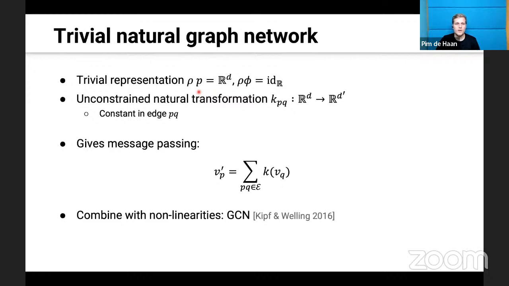So these are instances of the more complicated thing I sketched above. If we assign to every node just a d-dimensional vector space, assign to every node isomorphism an identity map, and then we can have an unconstrained map between nodes, and we require that these are constant in every edge.